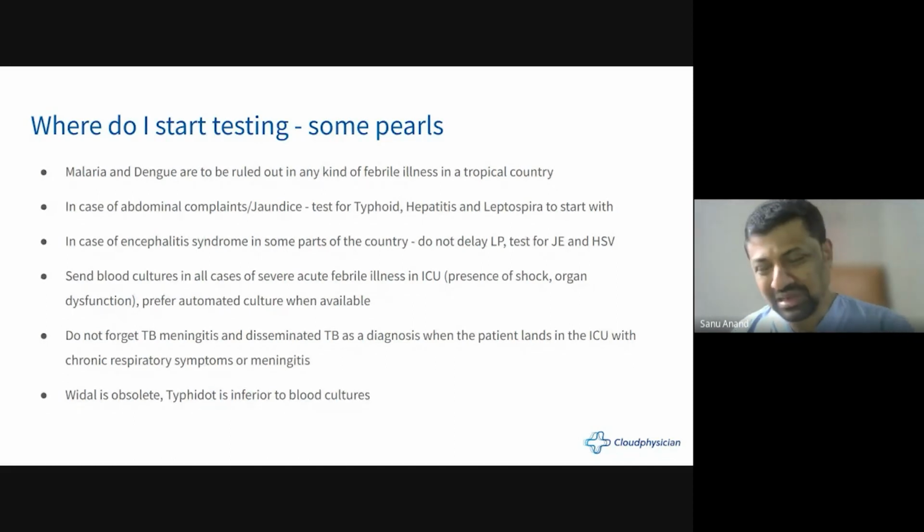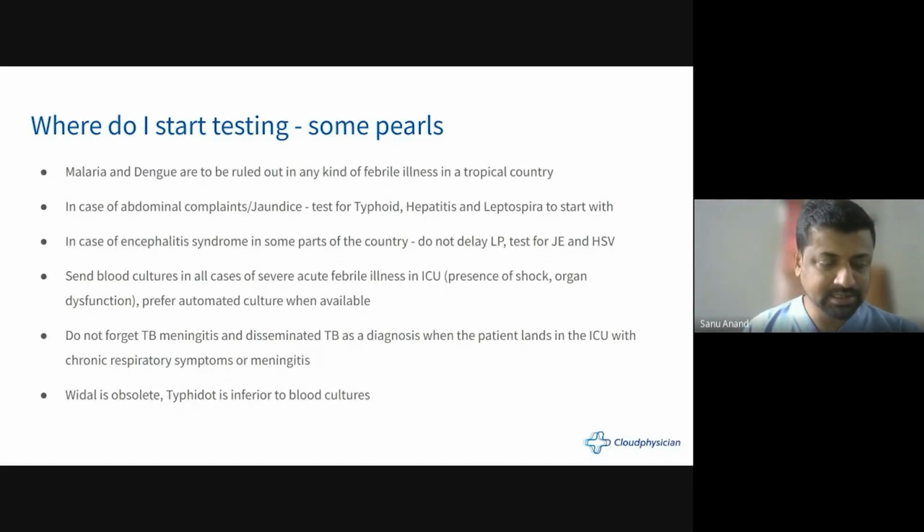And Typhidot, they say the specificity is around 80% and sensitivity is around 93%. However, it's still inferior to blood cultures because these studies actually took blood cultures as the gold standard.